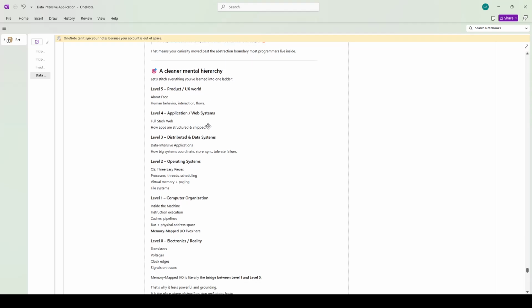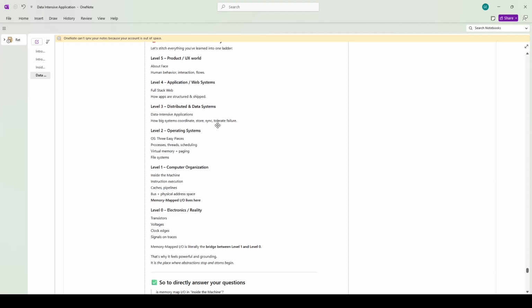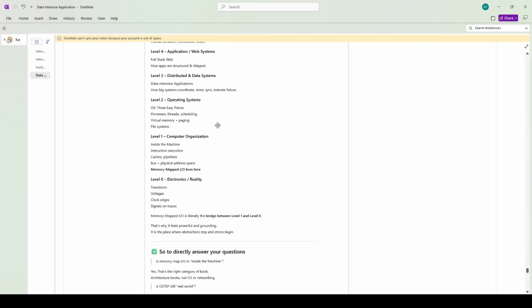Here is a cleaner mental hierarchy. Level 5, product or UX work: About Face, human behavior, interaction flows. Level 4, application or web systems: Full Stack Web, how apps are structured and shipped. Level 3, distributed and data systems: Data-Intensive Applications, how big systems coordinate, store, sync, and tolerate failure.